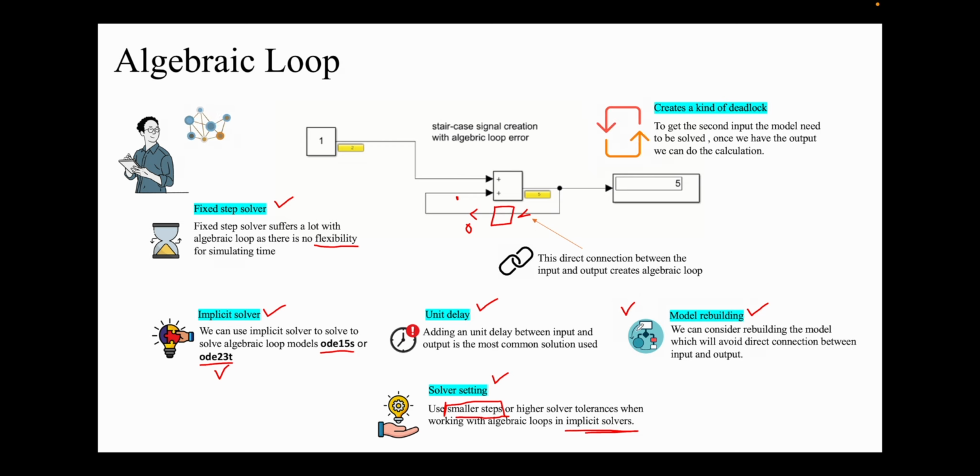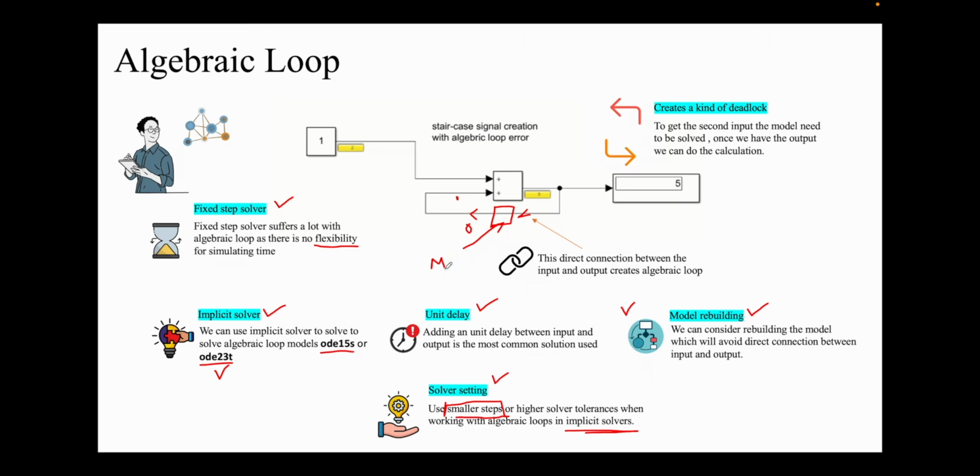Basically, this is the prevention of the creation of an algebraic loop. It is not exactly a solution, but this way you can avoid algebraic loop creation, and that way you can solve the problem.